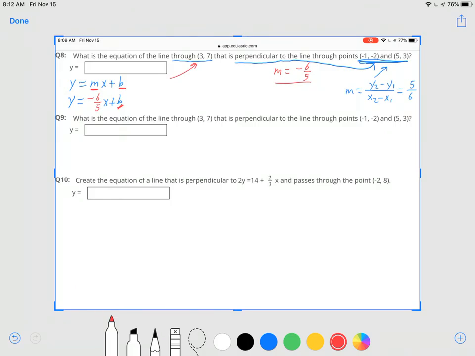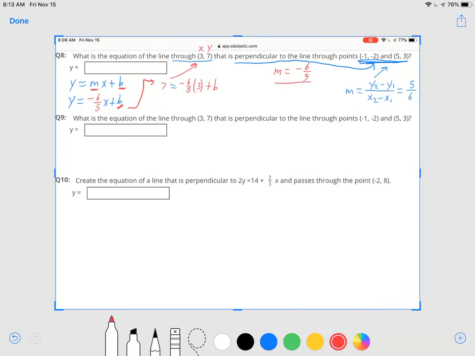So we're going to take this 3 and 7, they're x and y, and plug them into our equation. Let's bring that work up here. So 7 is equal to -6/5 times x is 3, and then plus b.